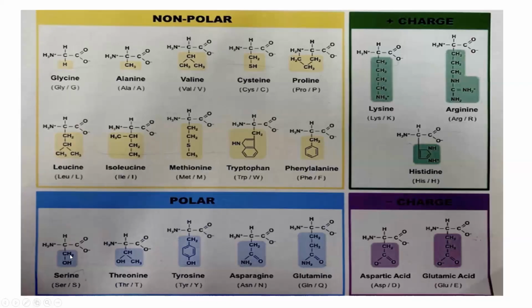If my amino acid is polar, neutral, it is because my R group is polar and neutral, has no charge. If my amino acid is polar, positively charged, it is because my R group is polar and positively charged with the nitrogen. You cannot be positively charged with oxygen. You're always positively charged with nitrogen, or you're negatively charged, as in here, with oxygen.